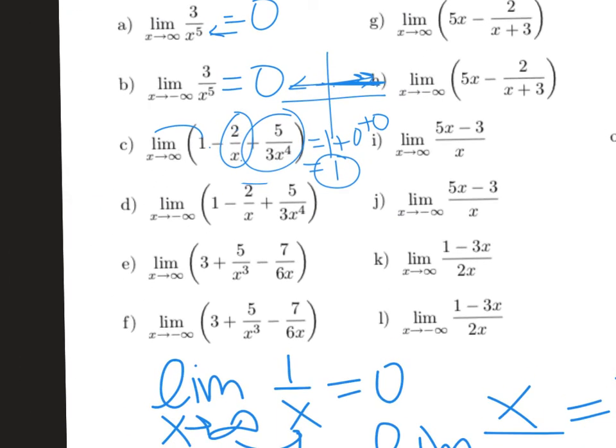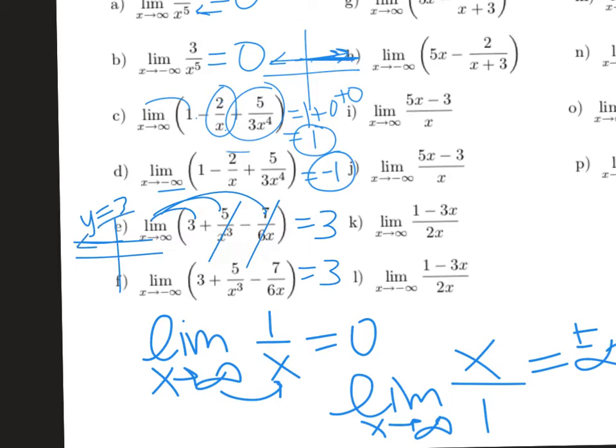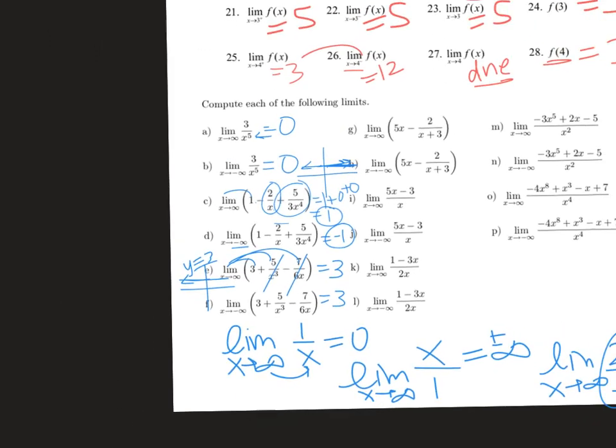Same thing here. We're going to get infinity, but that doesn't matter. Because that would give you 0. That would also give you 0. And then same thing with this one as we're going out towards negative infinity. We're still getting a value of 3 for our limit.